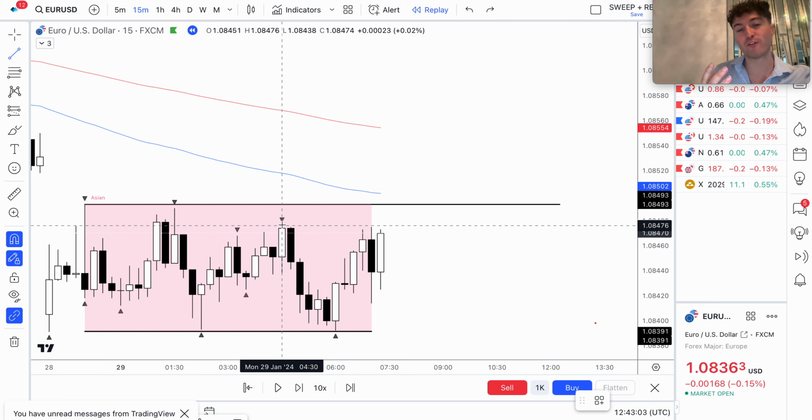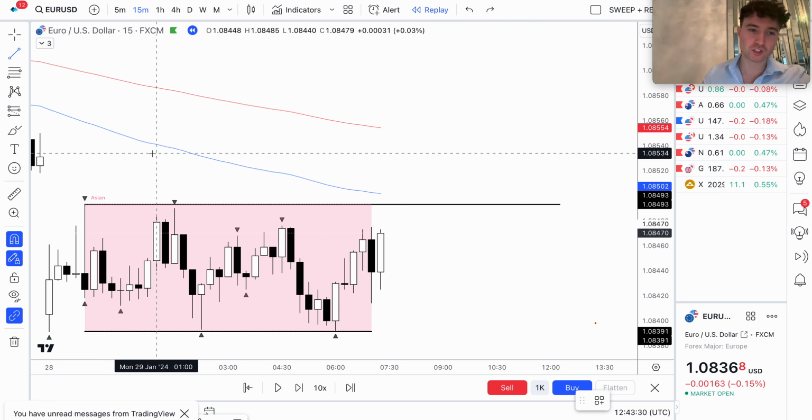You need to be very patient, understand exactly what you're looking for in the markets, and then that's all that you trade. You're not flipping biases, one day looking for longs, one day looking for shorts. You have your strategy, you stick to it, and you only execute in the market when that strategy aligns. If it doesn't align, then there are no trades being taken.